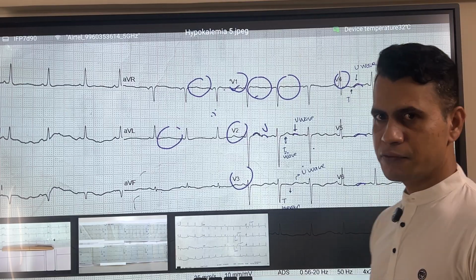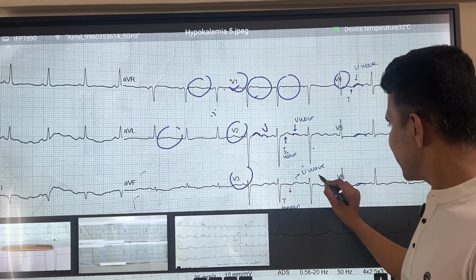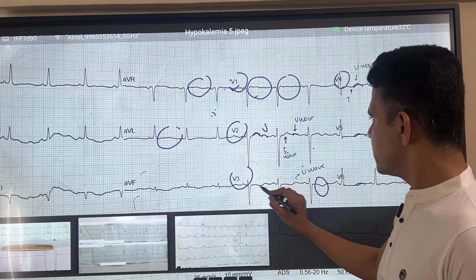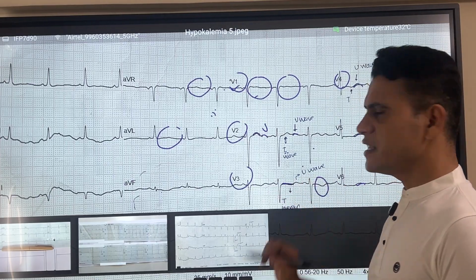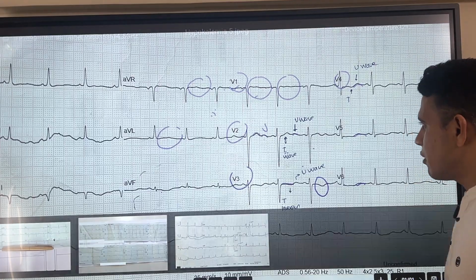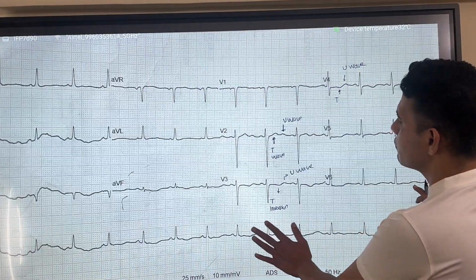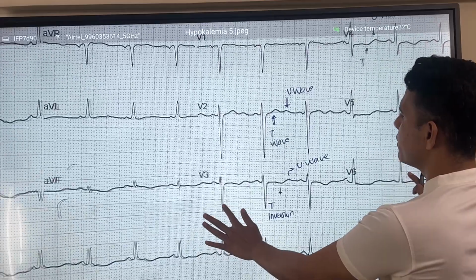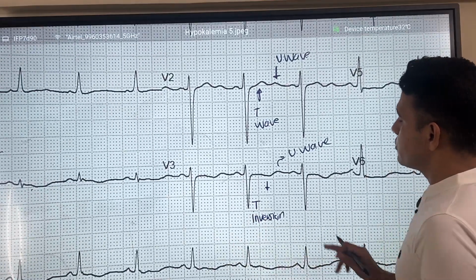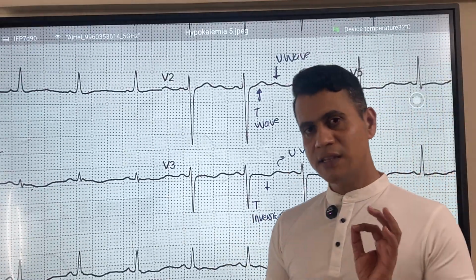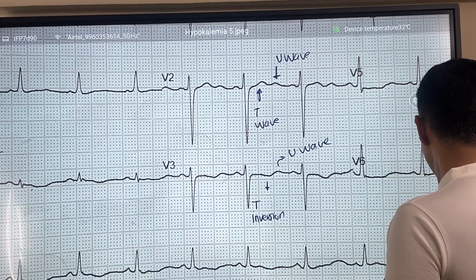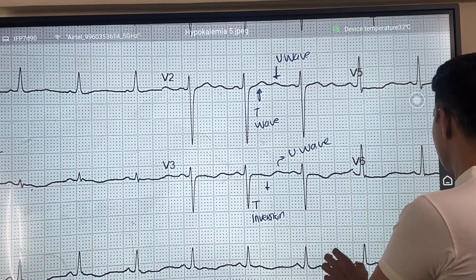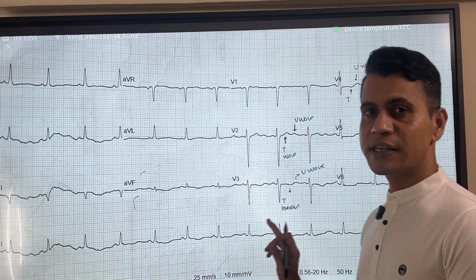And the other findings, like T wave inversion, are there, and there is slight ST depression. So the presence of a flat T wave, inverted T wave, and presence of a U wave very classically suggest hypokalemia, and we should always think of hypokalemia whenever such findings are there.